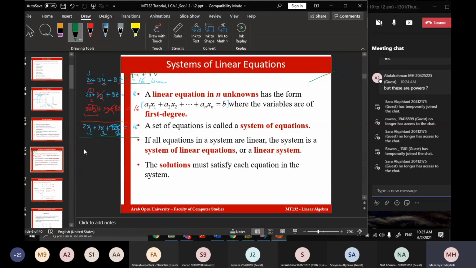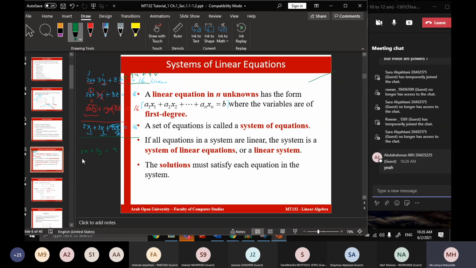If we have more than one equation, for example 2x plus 3y is equal to 9, or another equation, for example x minus 5y is equal to 15, etc. So if we have more than one equation in my system and these equations are linear, then we say that we have a system of linear equations.